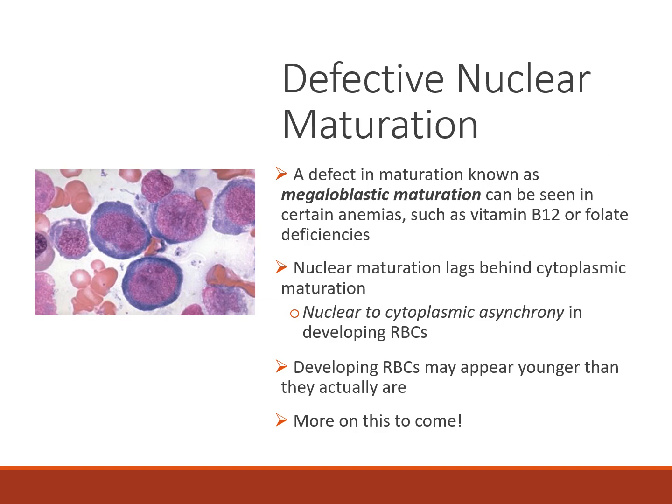So you aren't able to create a division of the nucleus, but you've already created an enlargement of the overall cell specific to the cytoplasm. Therefore we will see nuclear to cytoplasmic asynchrony in these developing red blood cells, because nuclear maturation lags behind cytoplasmic maturation, and then sometimes division is not possible.